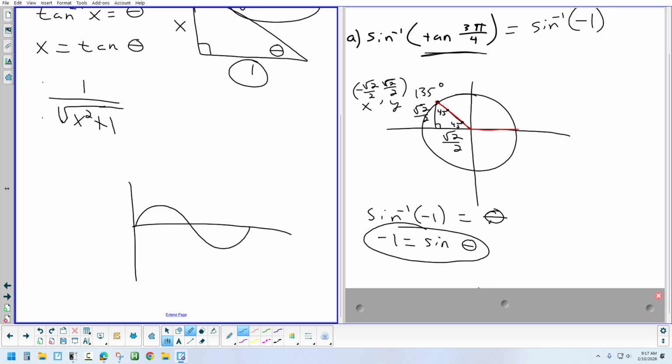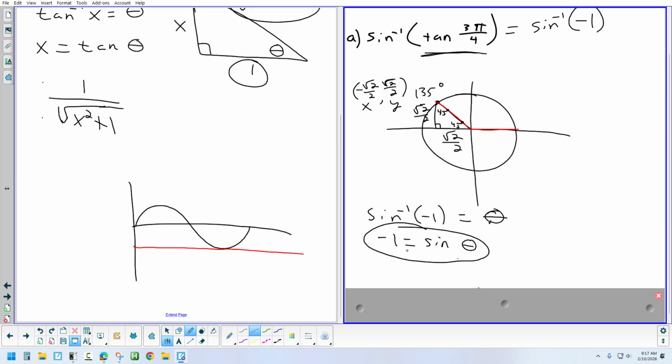Here's sine. And here's a graph of y equals -1, right there. What would you be looking for in that graph to find the answer? Yep, where it intersects. You're trying to find where sine hits -1.